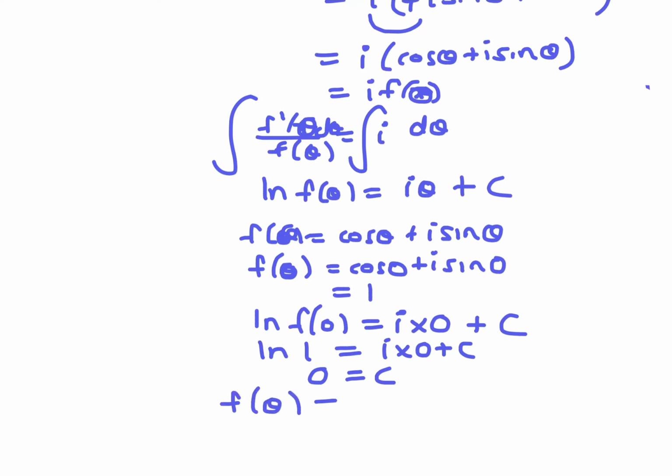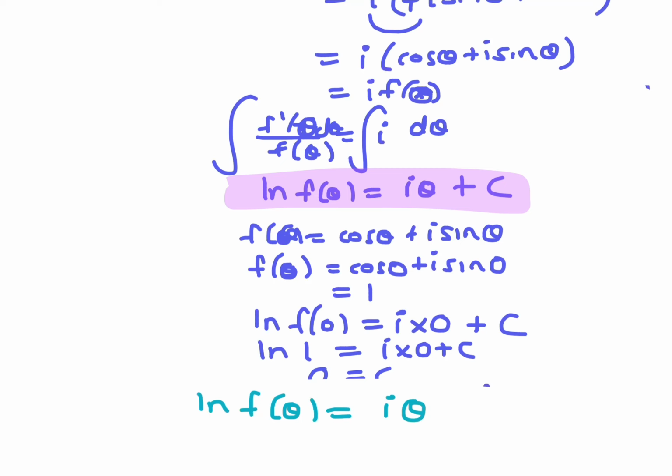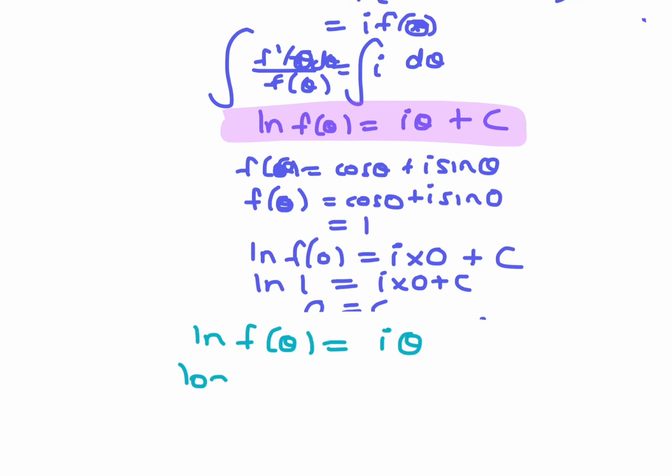Let's go back up to what we just got when we integrated. The c is 0, so ln of f of theta equals i theta. So that's log base e of f of theta equals i theta.